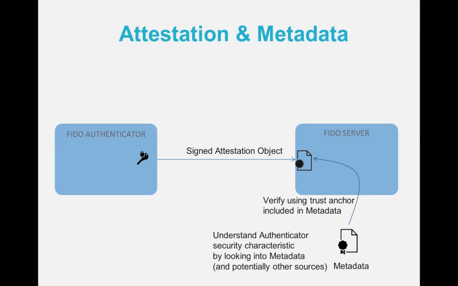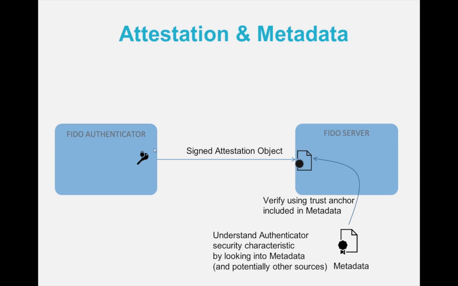So we don't want to be able to recognize a specific device. It's just, now this authenticator has a different security characteristic, so I want to be able to differentiate this authenticator model from a different authenticator model having a different security characteristic.